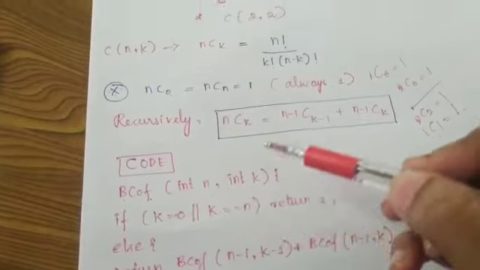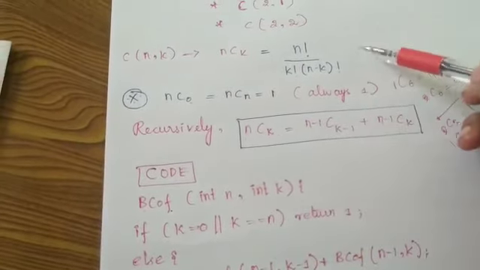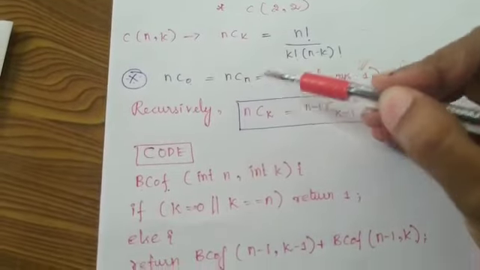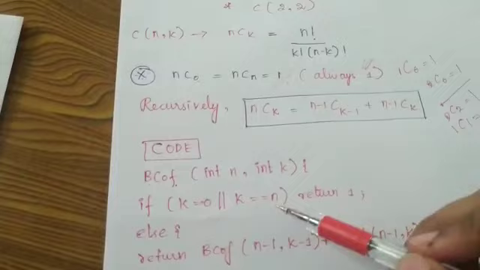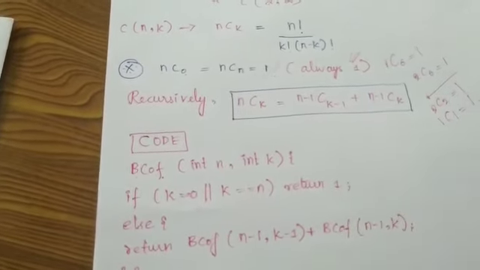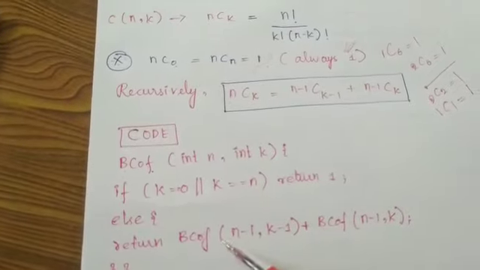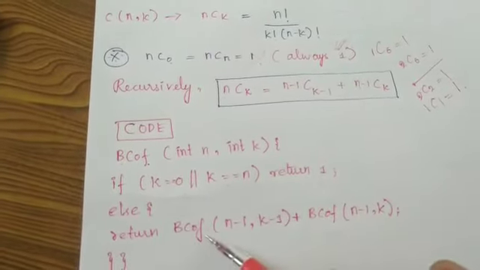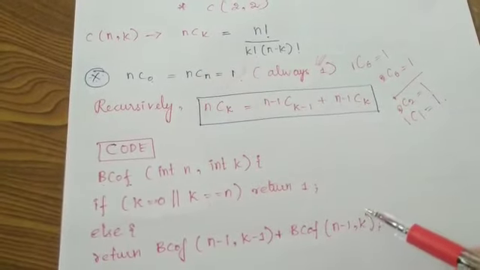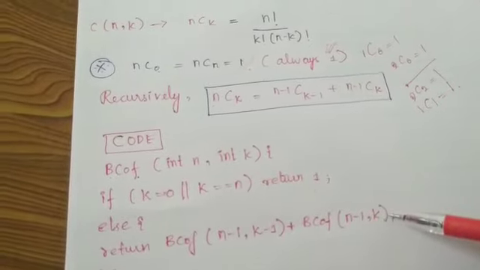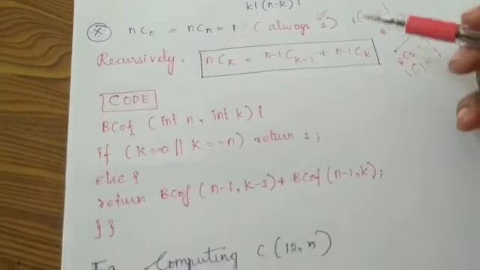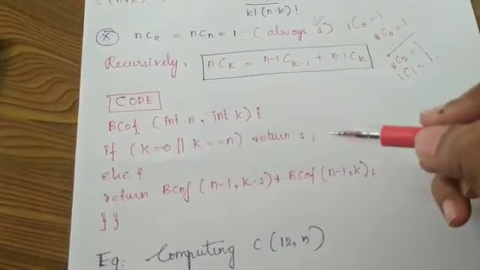The first test case is if k is equal to 0 or k is equal to n, in which case the output is always 1, so it returns 1. Otherwise, if k holds some other value, it computes recursively using bCoefficient of (n minus 1, k minus 1) plus bCoefficient of (n minus 1, k), which is the recursive case for values of k other than 0 and n. Let's take an example for computing this recursive solution.